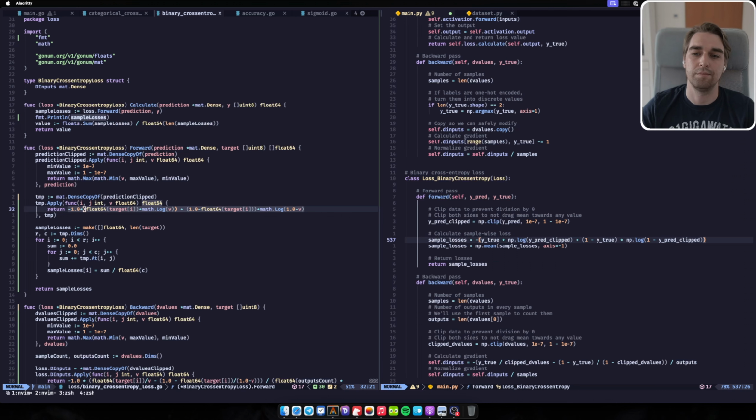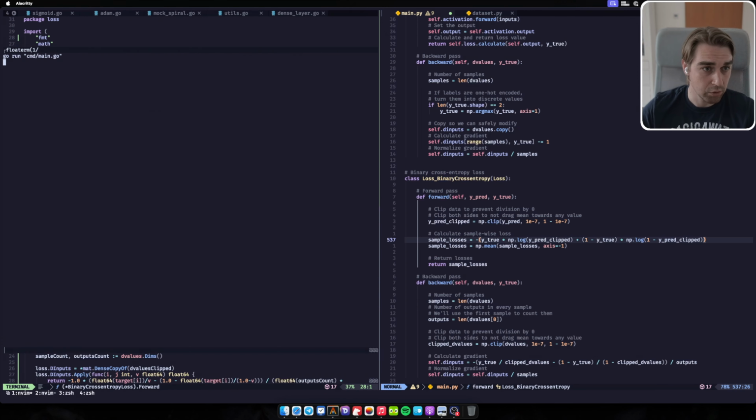Oh. So we have target value multiplied by the logarithm plus, again, target value multiplied by the logarithm. And then we calculate the mean value. So that's the issue?